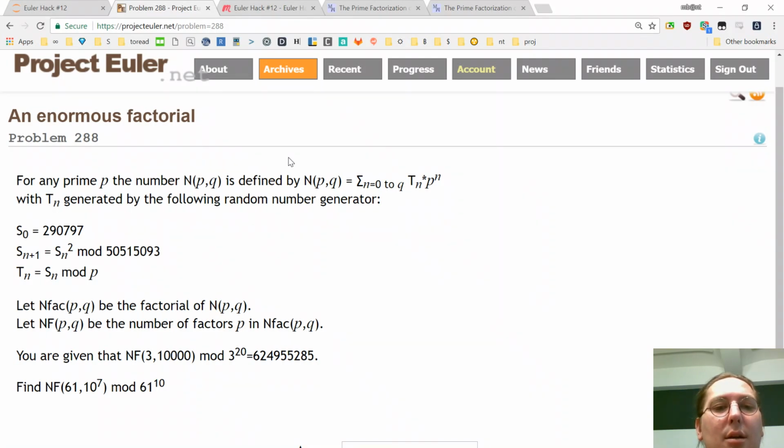So 61 to the 7th times, of course, 47 to the 15th. But in this case, they're doing 61 as p, right? So they're asking how many times does 61 divide, and 61 is a prime, I presume?